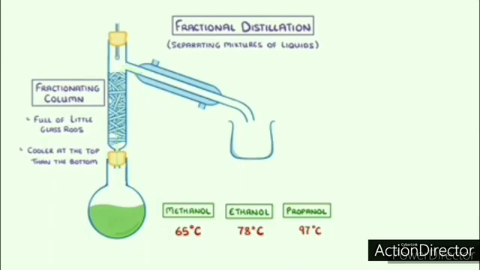When temperature is applied to the flask with the mixture of liquid solution, at first methanol evaporates as it has the lowest boiling point, that is 65 degrees Celsius, and it gets condensed in the condenser and we get pure methanol.